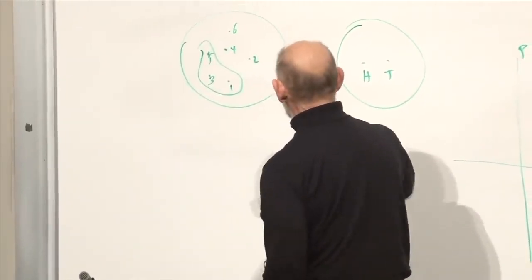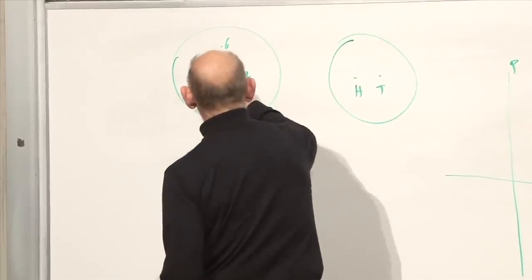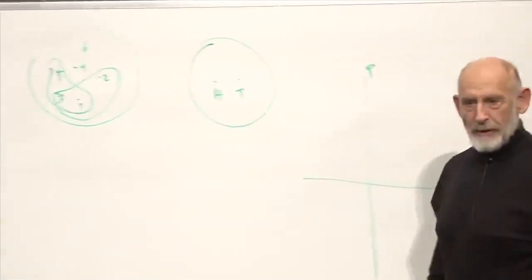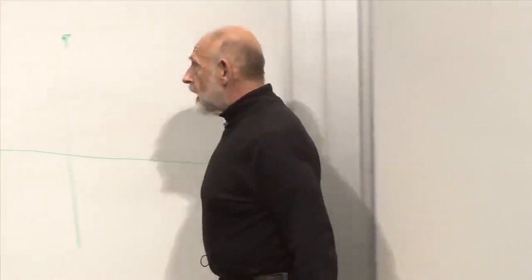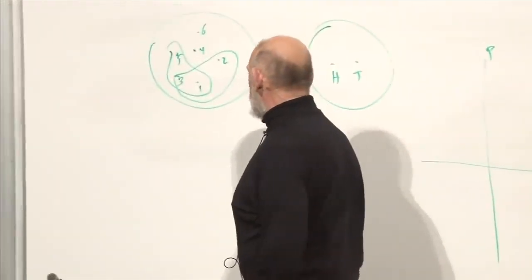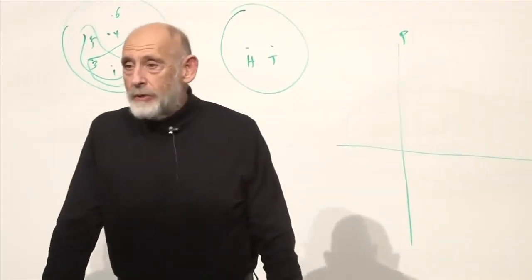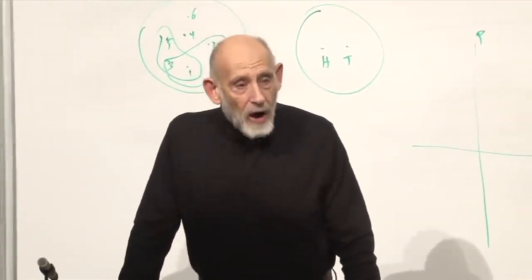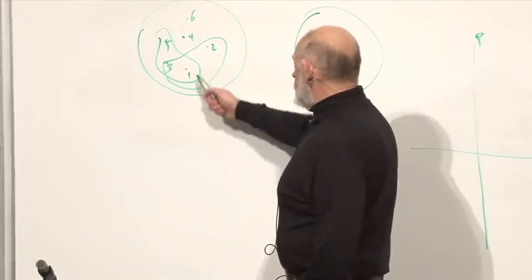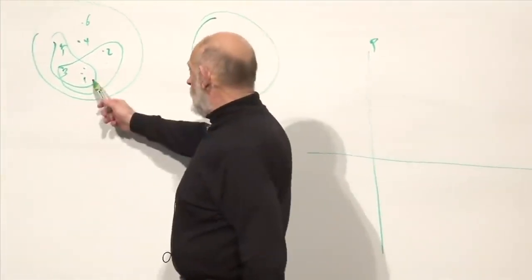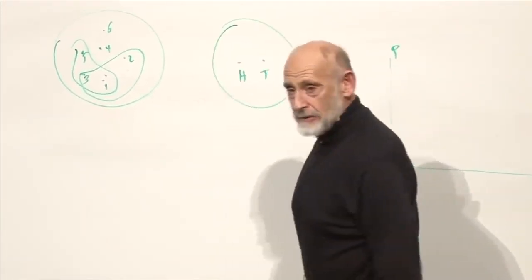And less than or equal to 3 is this set over here. So now they're overlapping sets, and we can ask for concepts like and or. For example, the proposition that the die is both less than or equal to 3 and odd is the intersection of these 2 subsets. 1 and 3 is odd and less than or equal to 3.